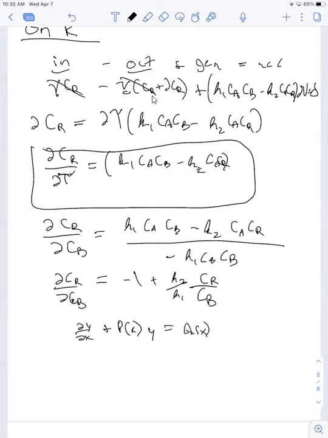Then our integrating factor is going to be equal to e raised to the integral of p of x dx.